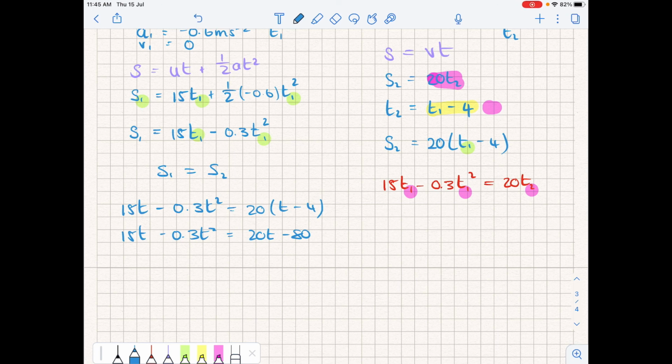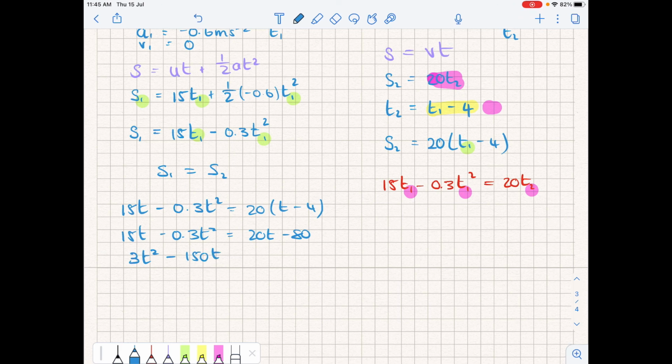That will cause the 0.3t squared to not be a decimal. So we get 3t squared, and I'm going to change all the signs and move this to the other side. 3t squared minus 15t. Sorry, this will not be 15t, this will be 150t.